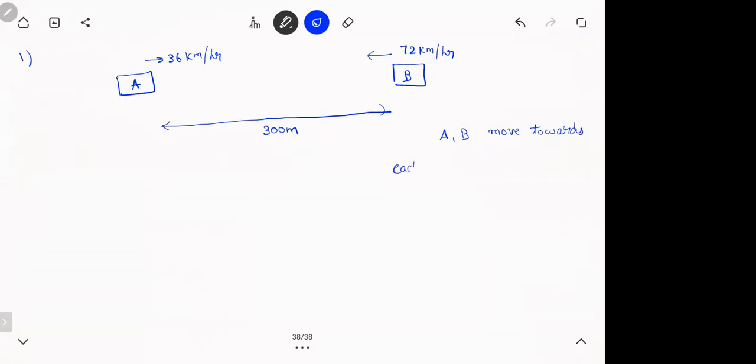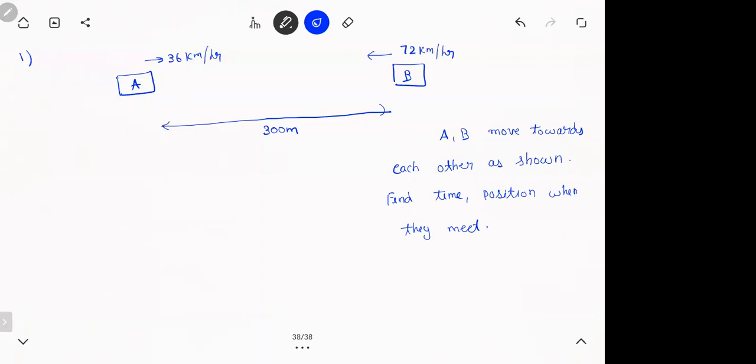We have done these things normally. The question is, find time and position where they meet.